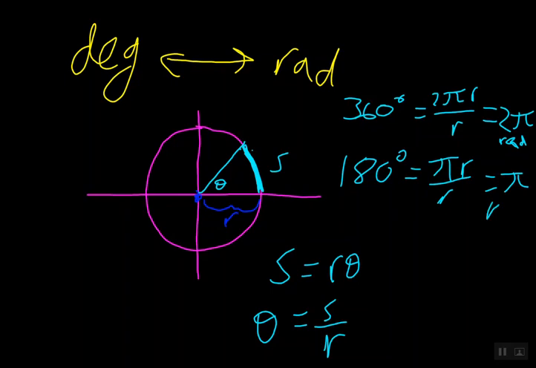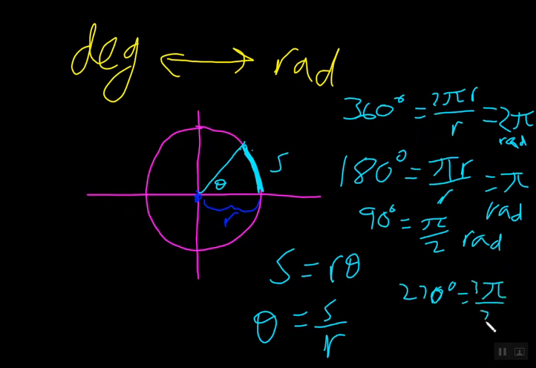With pi radians, we can see that 90 degrees, you can use the same logic, is pi over 2 radians. 270 degrees will be 3 pi over 2 radians. You can go ahead and show that these are true based on our definitions.